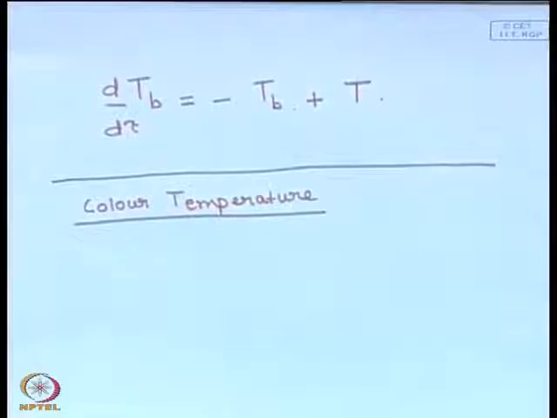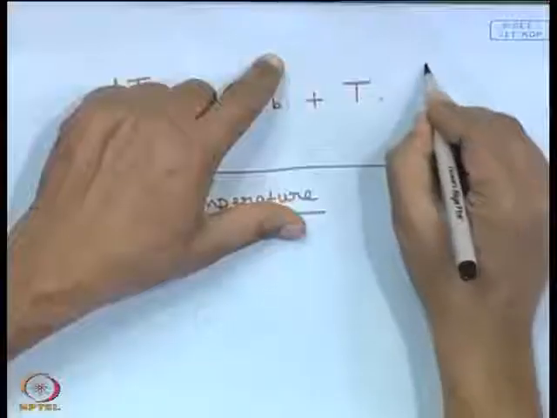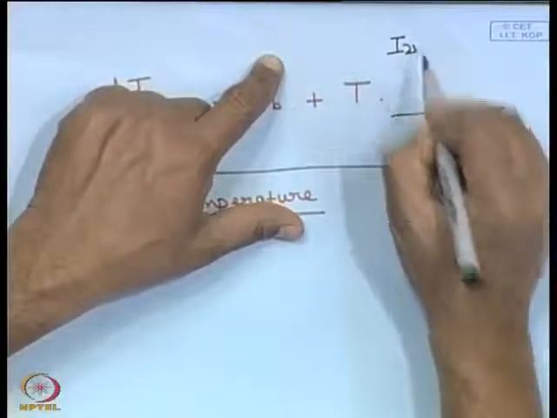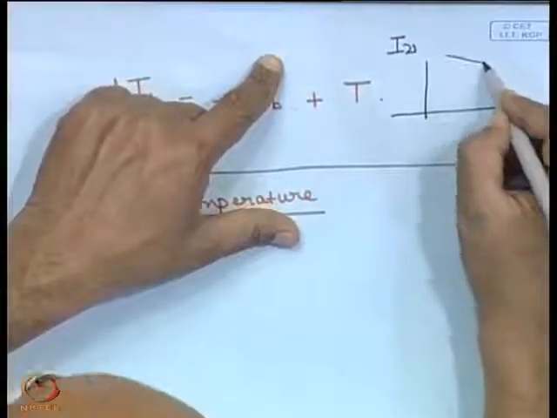Okay. Now, just before finishing the brightness temperature, see, the brightness temperature is used for any arbitrary radiation. I just equate it to the Planck spectrum at that value and find the temperature. Okay. So, let us consider a hypothetical situation where I measure I nu from some source which looks like this.